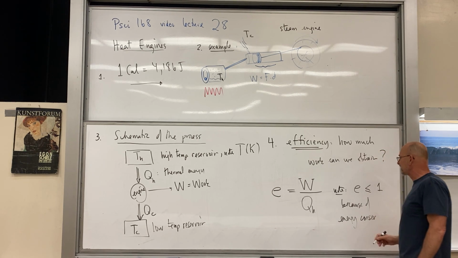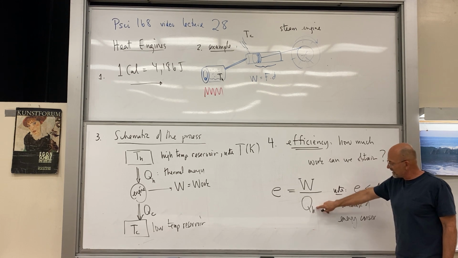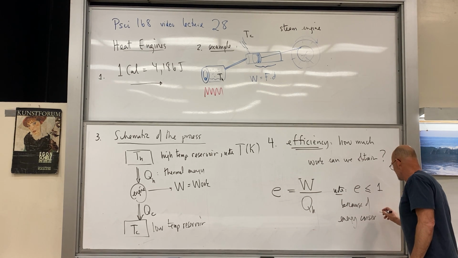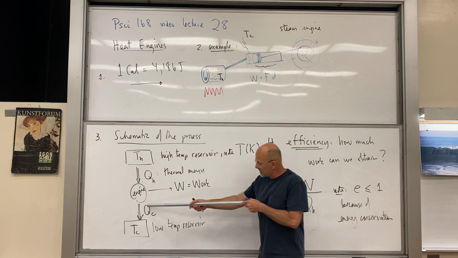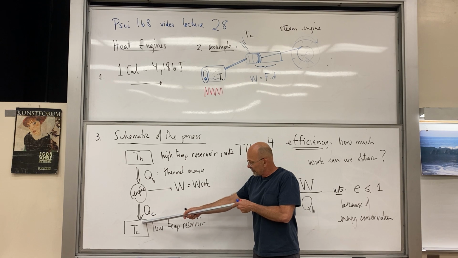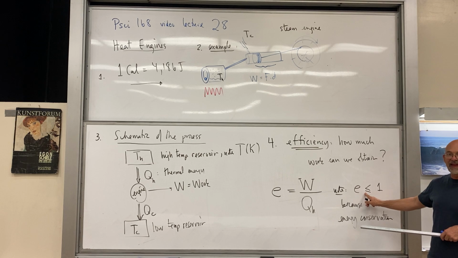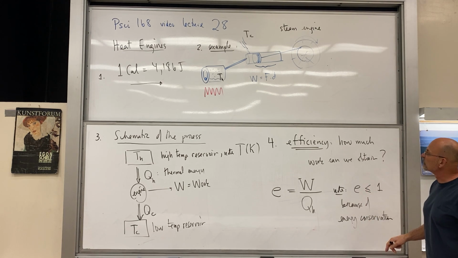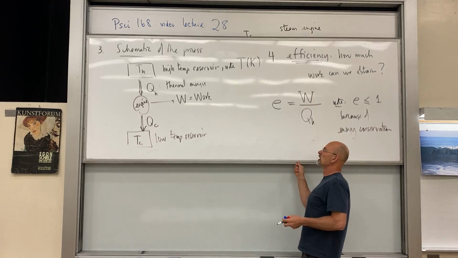We're not creating any extra energy, we're just changing its form from thermal energy to work. So far we realize that the efficiency is definitely less than or equal to 1, and when we think about some of this energy going out to the atmosphere, it's in fact going to be strictly less than 1, but in principle I'll just leave the equal there as well. Good. So far, so good.